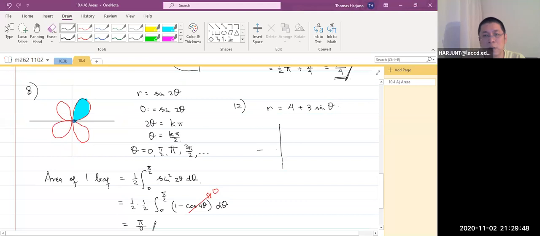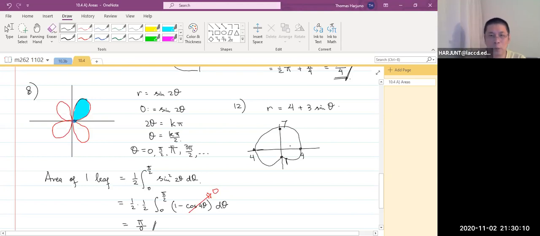This is symmetric with respect to the y-axis. When theta is 0, this is 4, this is 7, this is 4, this is negative, this is radius 1. So it looks like this.